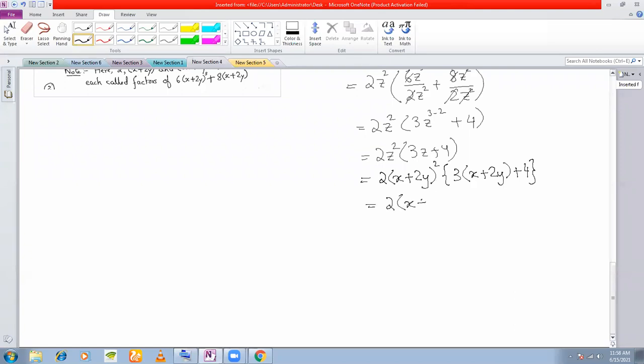Twice x plus 2y whole square, and here within the curly brackets you have 3x plus 6y plus 4. So now the curly brackets can be changed to normal brackets. 3x plus 6y plus 4, and that is your answer.